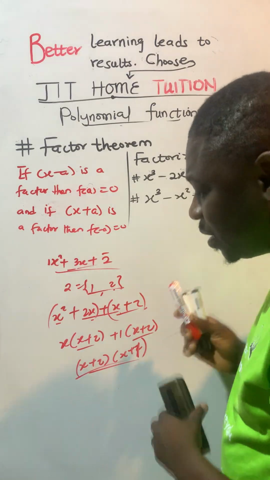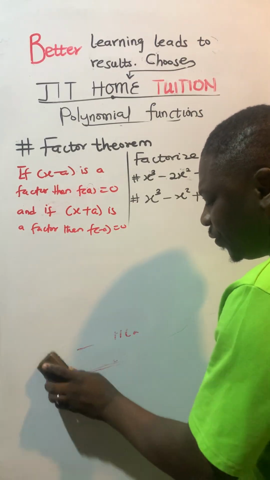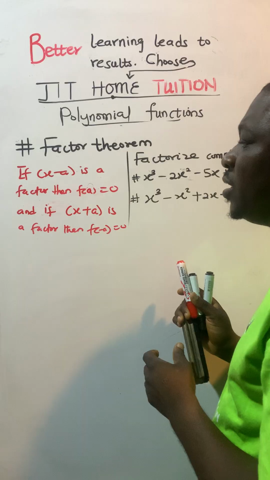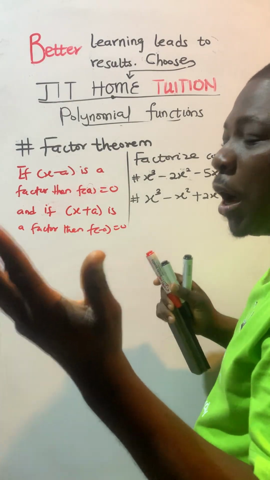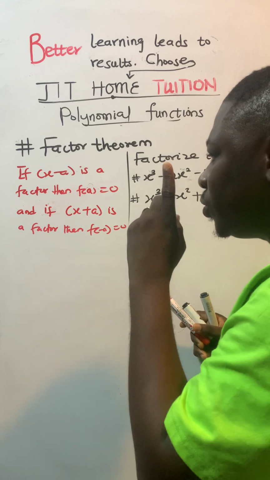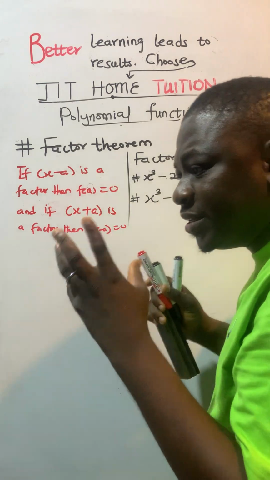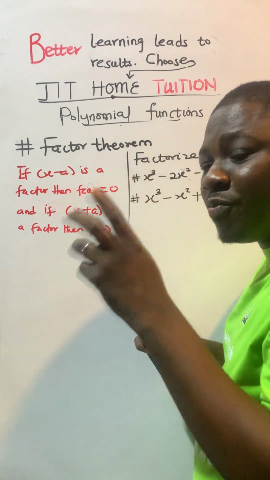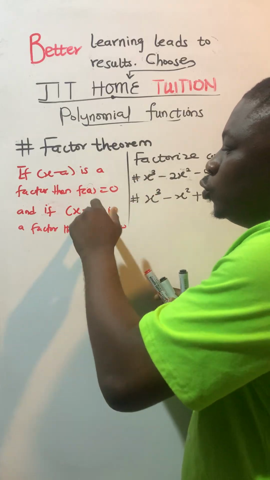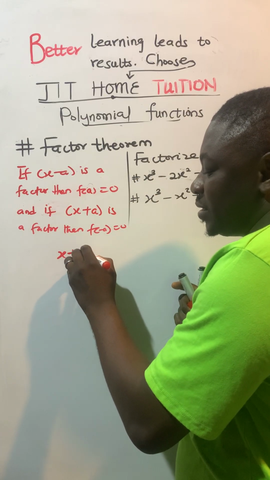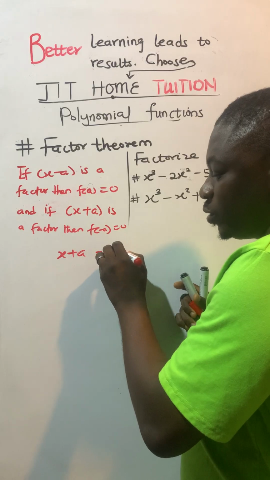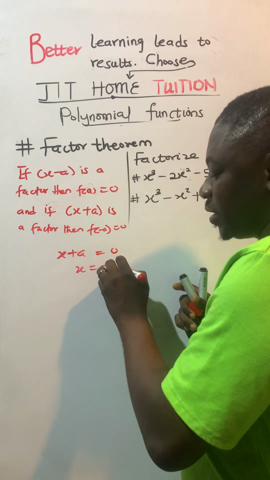However, what if they give you a function and you don't have a factor? How do you go about it? Ideally, with the remainder theorem, you equate the factor. Let's say that if the factor is x plus a, okay, you equate it to 0, then you have x equal to negative a.